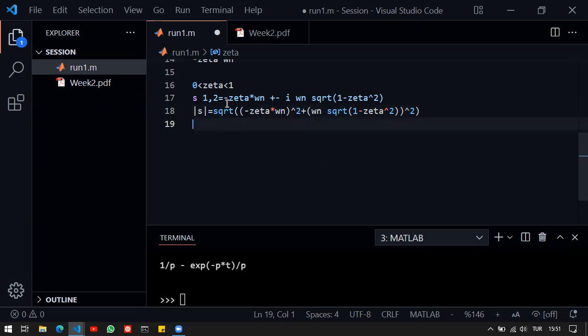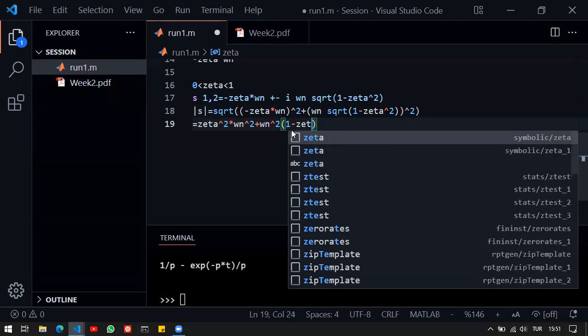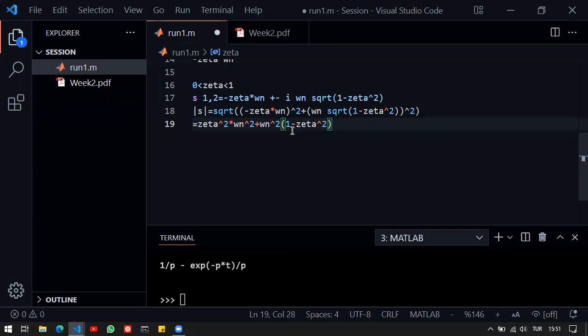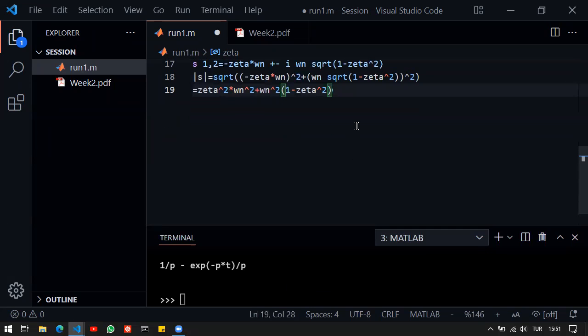Now, let's see what the result is going to be. Now we have zeta squared omega n squared plus omega n squared and then 1 minus zeta squared. This would give the following.